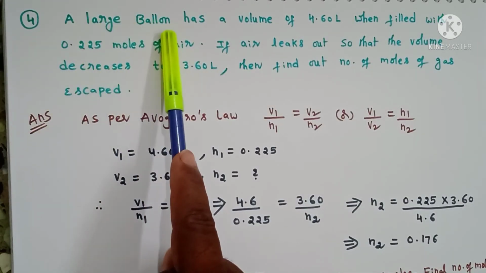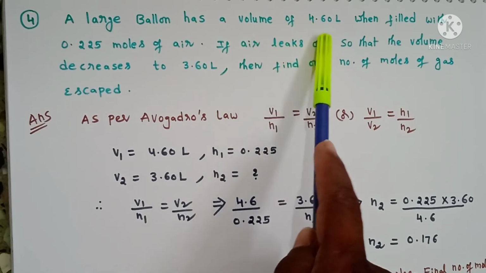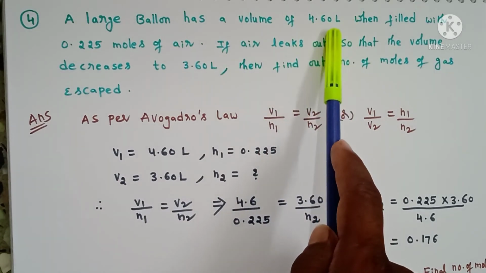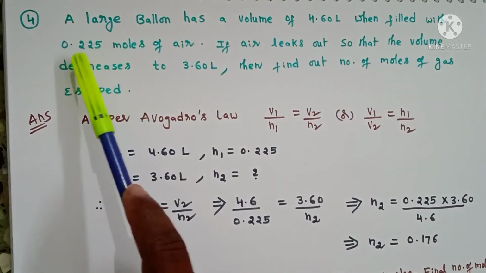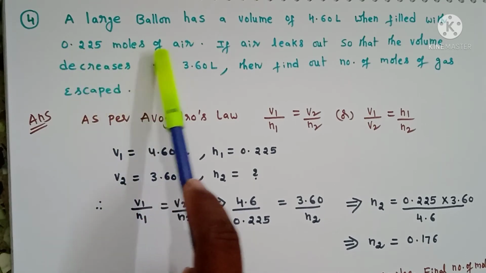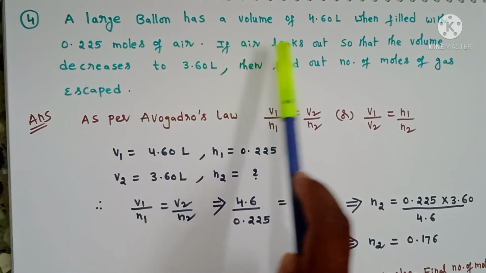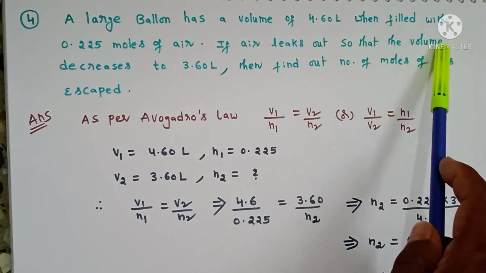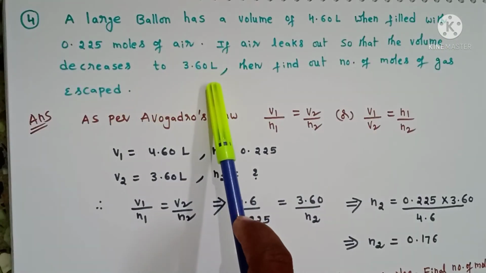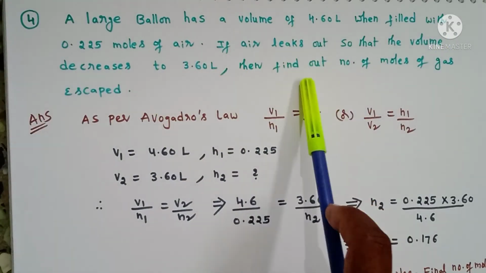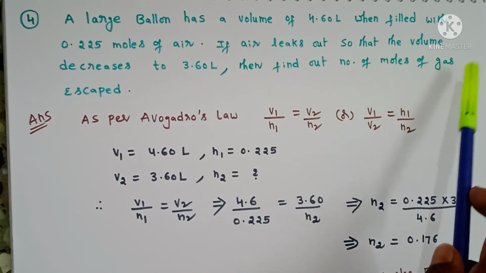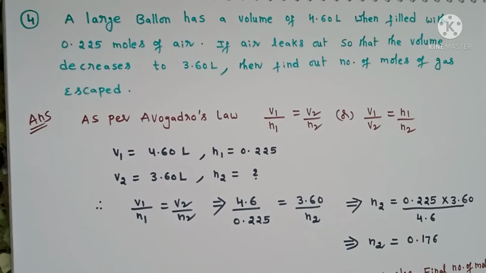A large balloon has a volume of 4.6 liters when filled with 0.225 moles of air. If air leaks out so that the volume decreases to 3.6 liter, then find out the number of moles of gas escaped. See students, as per Avogadro law, V1 by N1 is equal to V2 by N2.